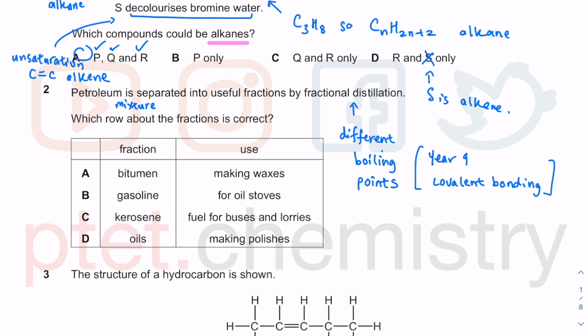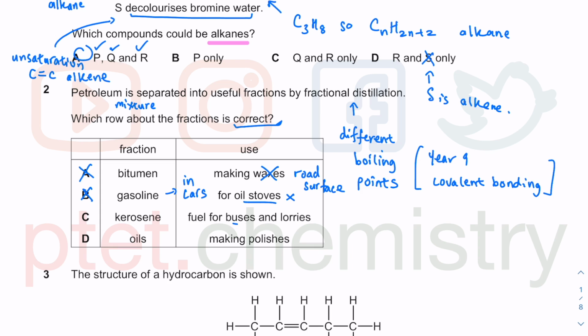fractionating column. So bitumen is not used to make waxes, it's used to make road surface. So our road surfaces are paved with bitumen, so A is definitely wrong. You're looking for the correct statement. Gasoline is not used for oil stove. It's not used for cooking. This is actually used in cars as your petrol.